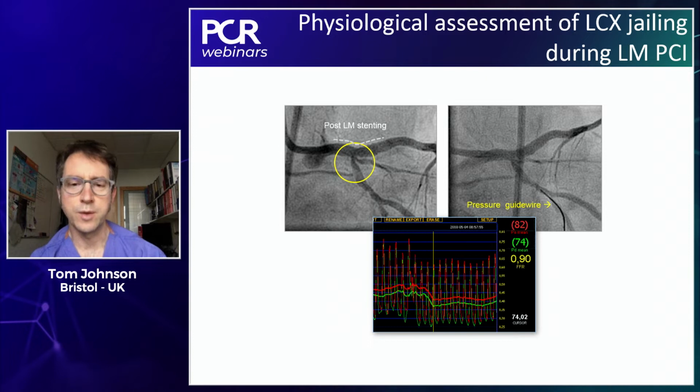And so we've shifted the carina, we've had plaque shift that has resulted in some restriction to the ostium of that circ, which may in the future result in trouble. So I would actually be using the angiogram rather than the physiology at this point to guide whether I'm kissing or not.